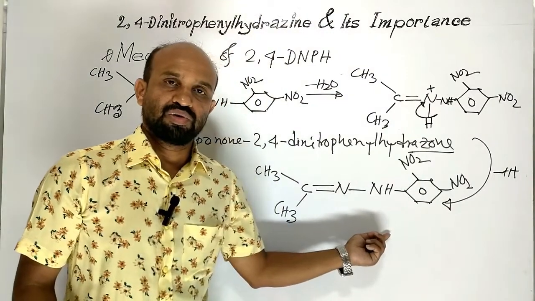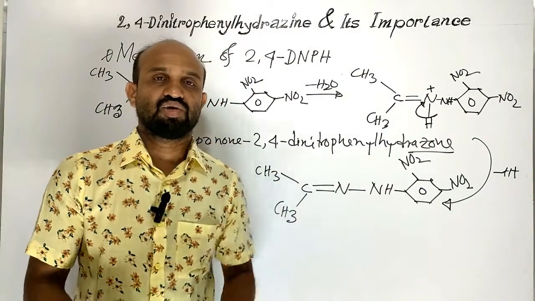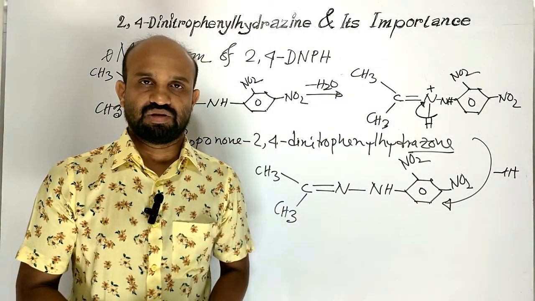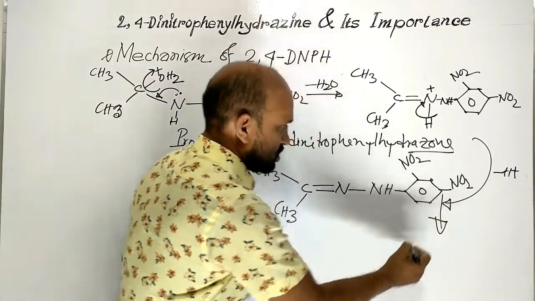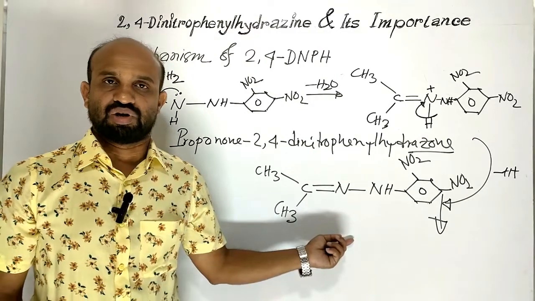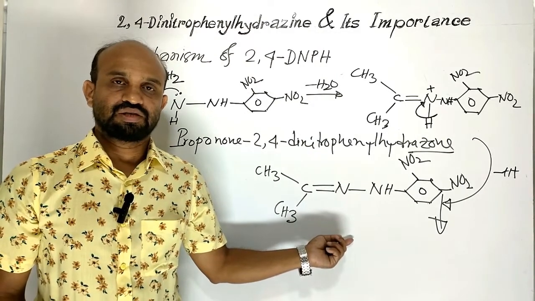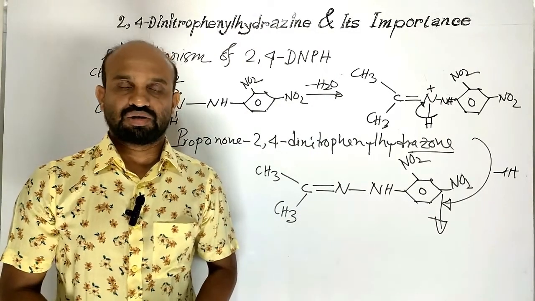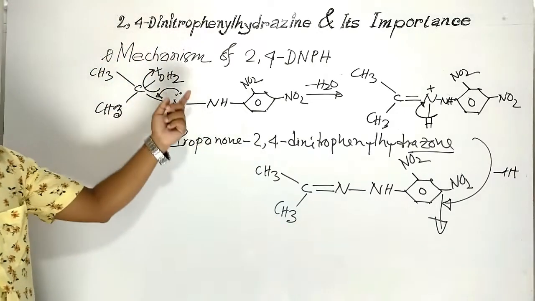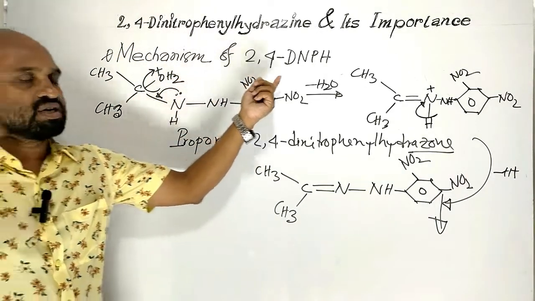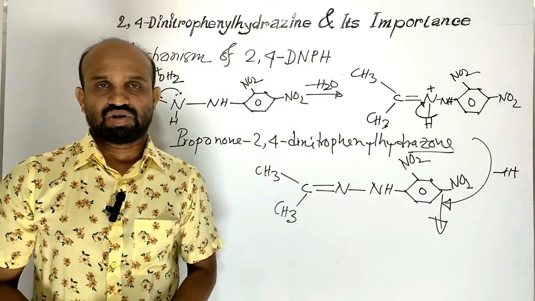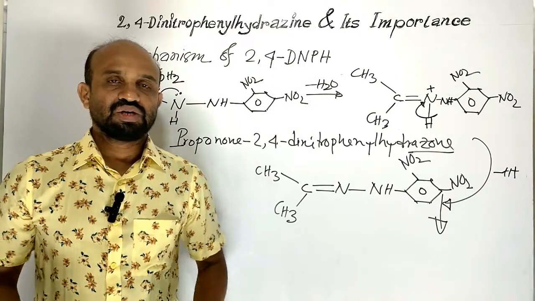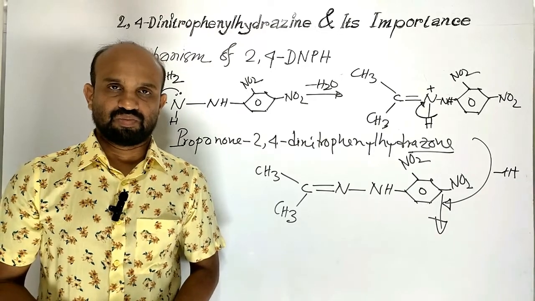This is the compound which deposits as yellowish orange precipitate. This yellowish orange precipitate proves the presence of carbonyl compounds, that is aldehydes or ketones. 2,4-dinitrophenylhydrazine is used to detect carbonyl compounds through detection of carbonyl group.